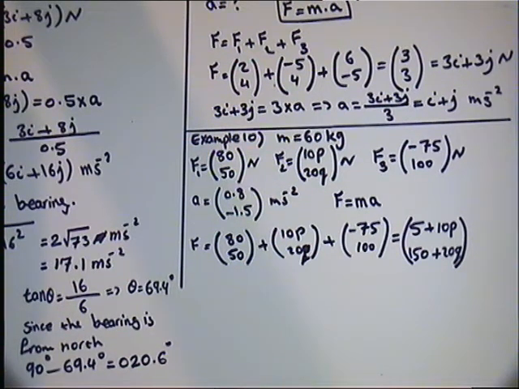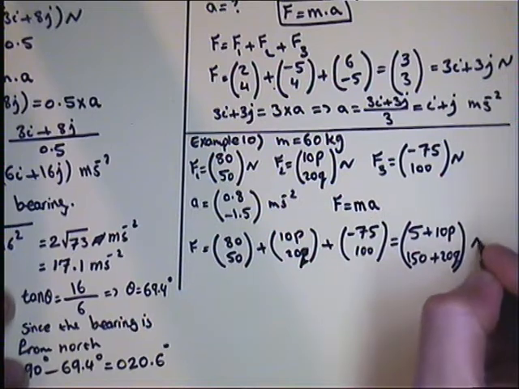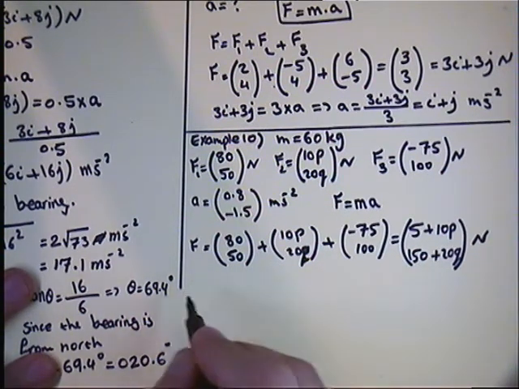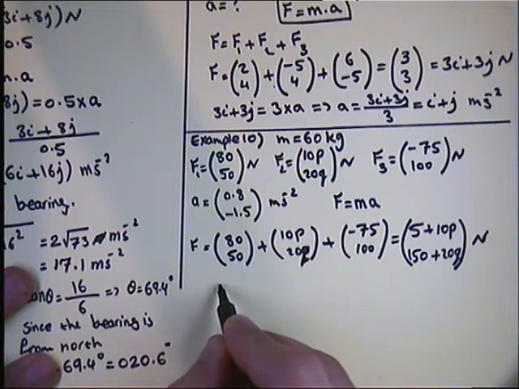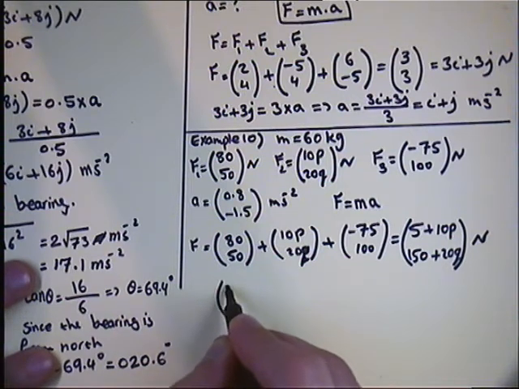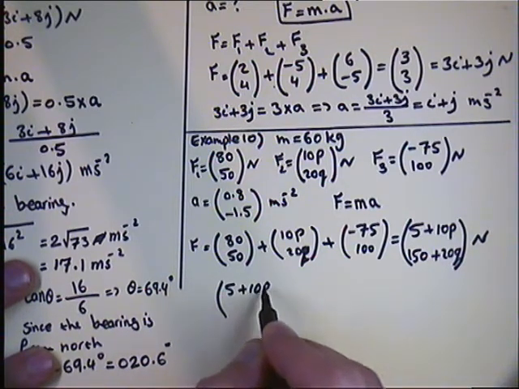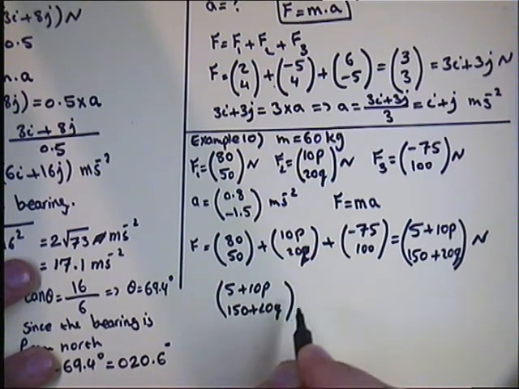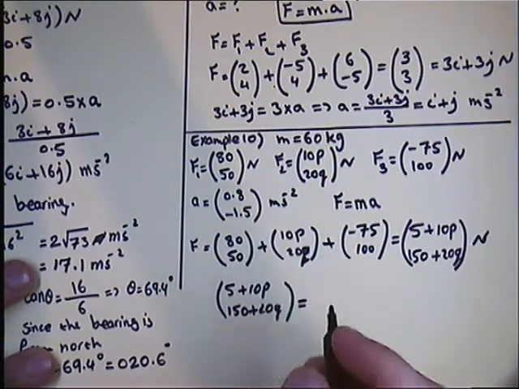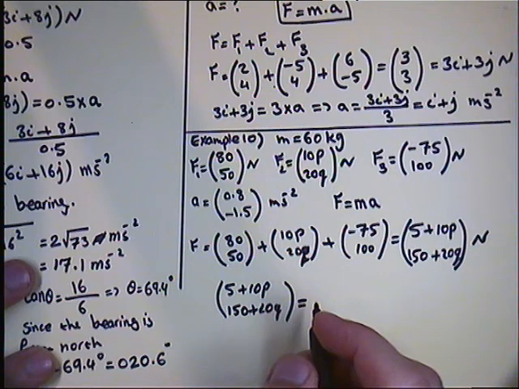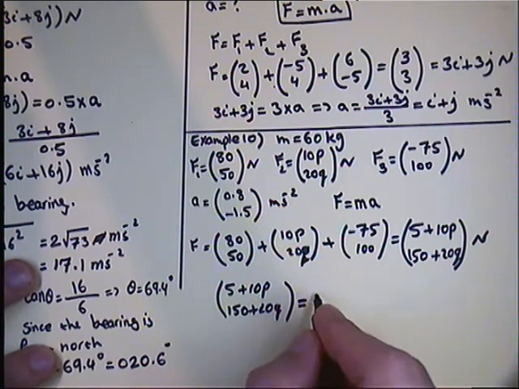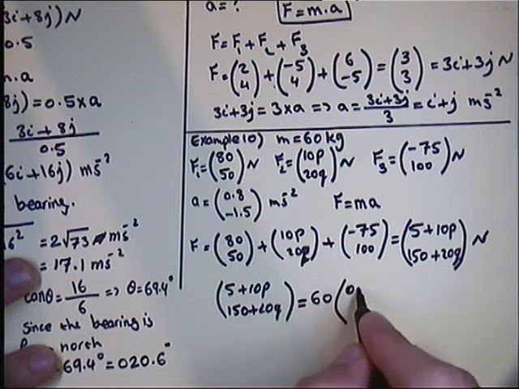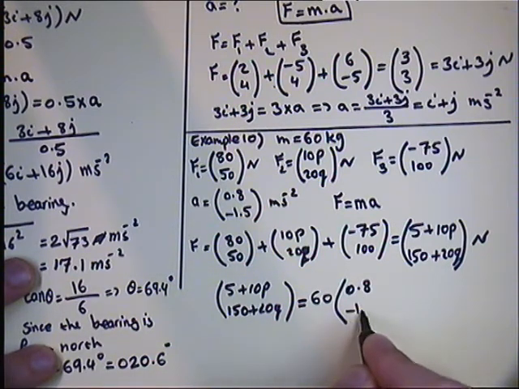So we've got the resultant force. Now let's apply the formula. F equals ma, so 5 plus 10p, 150 plus 20q is equal to mass times acceleration. The mass is 60 kg, and the acceleration is 0.8, minus 1.5.